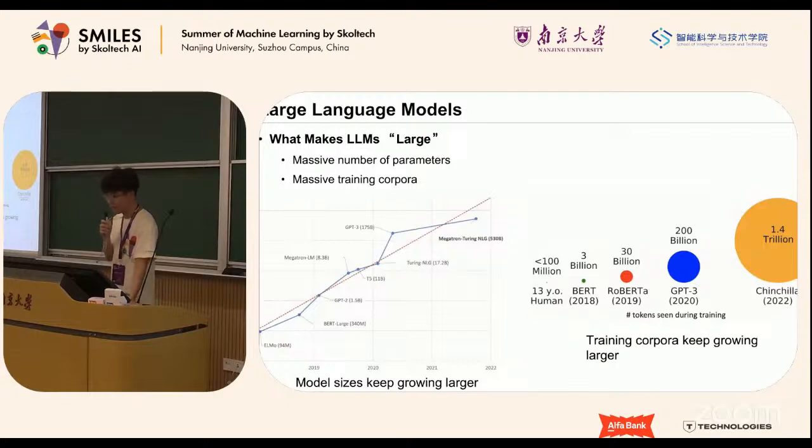Concurrently, training corpus size expanded dramatically, where BERT was trained on 3 billion tokens, GPT-3 saw 200 billion tokens, and Chinchilla in 2022 was trained on 1.4 trillion tokens, showing that both network depth and data scale are important for downstream performance.